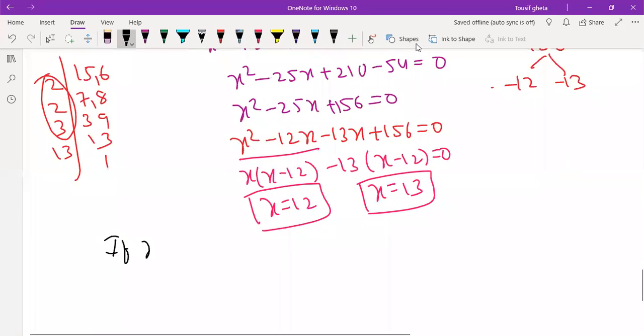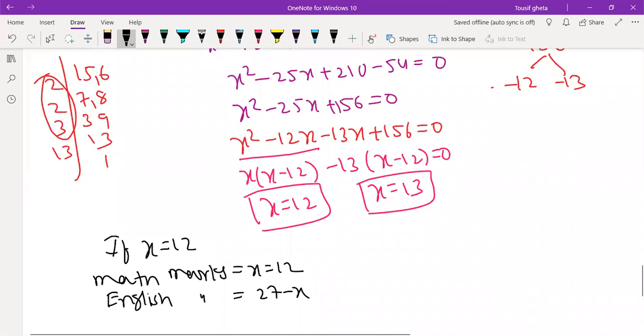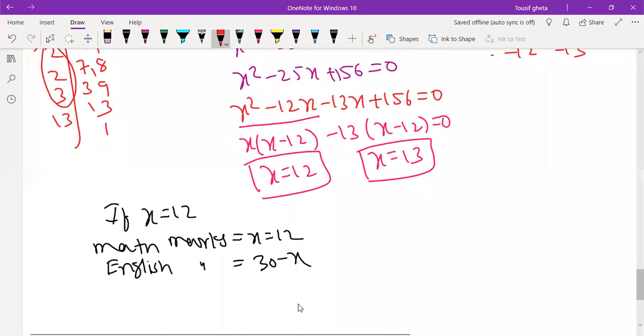So if x is equal to 12, maths marks 12, English marks 27 minus x, what you wrote? Sorry, 30 minus x you wrote now. So this 30 minus x we should write. So these two are the answer.